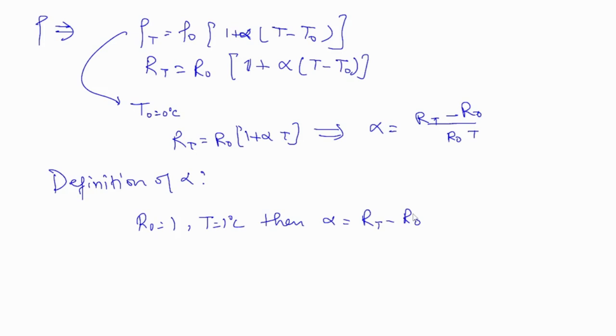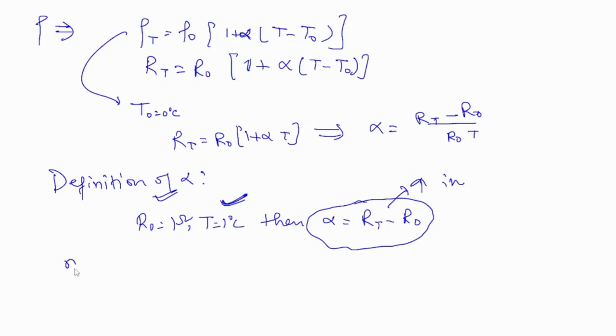If the resistance of a wire at 0 degree Celsius is 1 ohm, then on increasing its temperature to 1 degree Celsius, the increase in resistance, R T minus R0, will be equal to the temperature coefficient of resistance alpha.